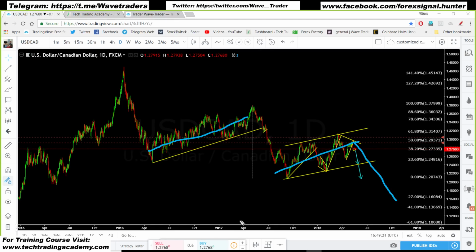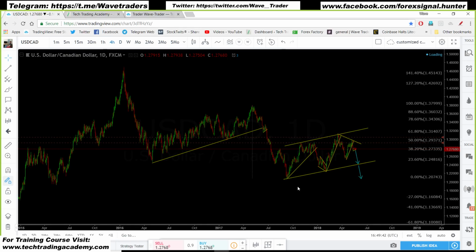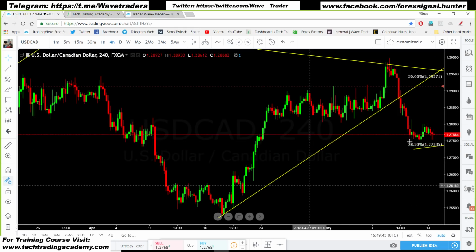Either way price is gonna go. First of all, you need to target that trade. Once you get that trade, we're gonna watch whether we are having another wave within that flag, or price is going for that move, that wave. Either way, we're gonna get a good trade. We are already holding sell on the dollar CAD from top.